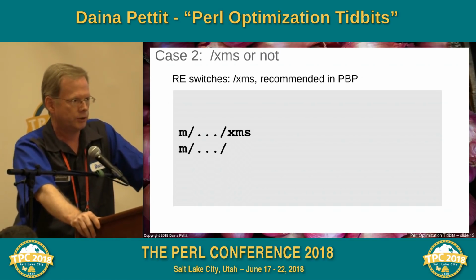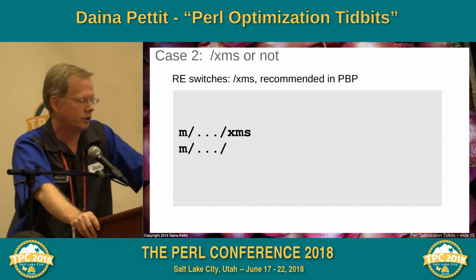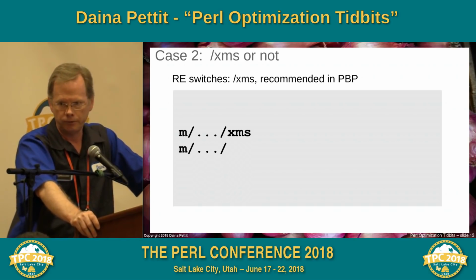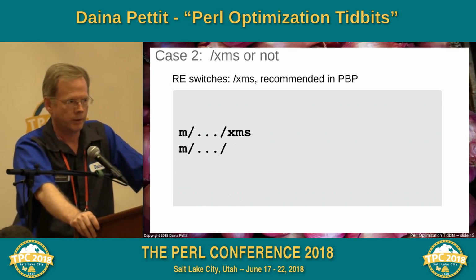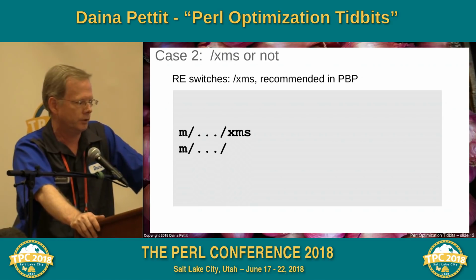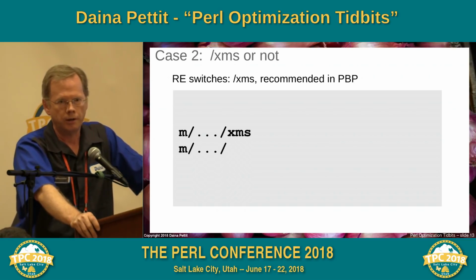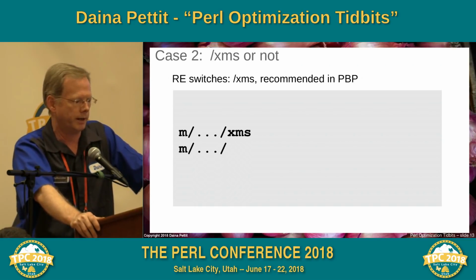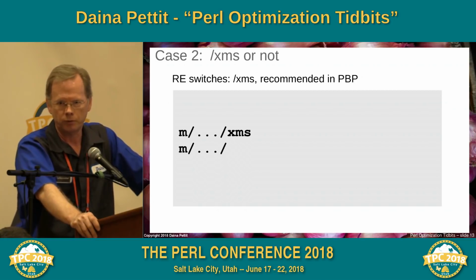In Perl Best Practices, Damian suggested you always put an XMS on the end of all your regular expressions as your options or your switches. And I disagreed with that. You can look at my talk on Perl's Worst Best Practices, and I consider this one of the worst best practices.